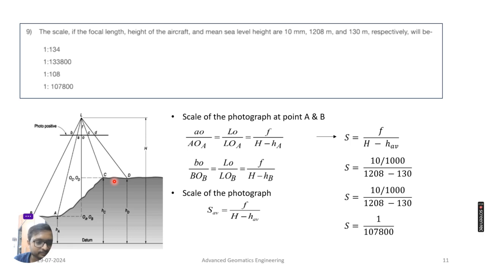In some cases, they might tell you that the aeroplane is flying 1 kilometer above the point A. So here they have given H minus HA directly. You do not have to find H and H minus HA separately, because we want the distance between L and OA, which is given to you directly. That vertical distance between the aeroplane and the terrain you are measuring is 1 kilometer.